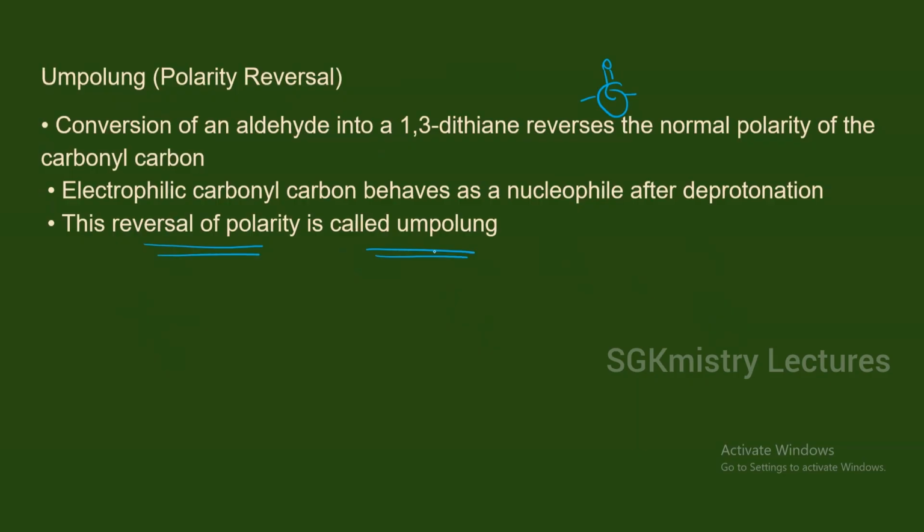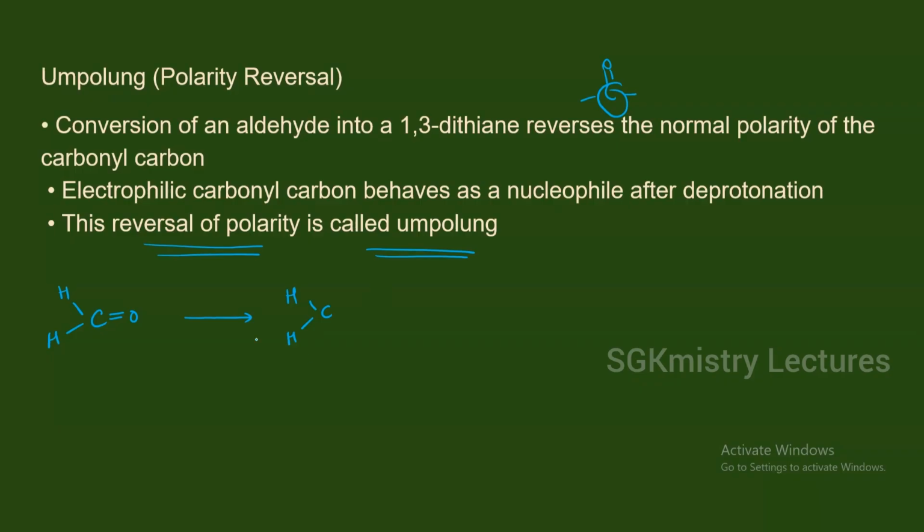So from the 1,3-dithiane derivative of formaldehyde, you can prepare a wide variety of aldehydes and ketones. How do we do it? First take formaldehyde, now treat it with the dithiol. How we prepared this 1,3-dithiane, we used 1,3-propane dithiol.